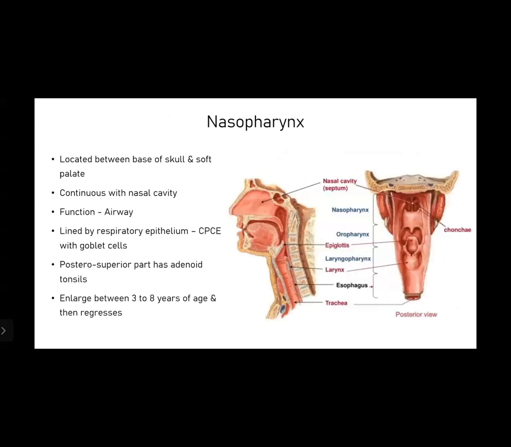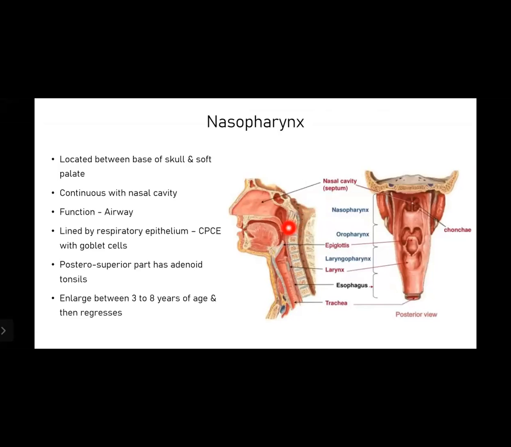So it has three major parts. The pharynx is divided into the nasopharynx, then the oropharynx, and finally the laryngopharynx as you go from superior to inferior. The nasopharynx is located between the base of the skull and the soft palate. You can see that's the soft palate. Hold on, let me get the pointer.